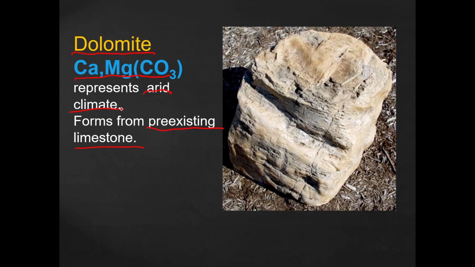Arid climate because when it's really drying up and the water evaporates, the calcium from the pre-existing calcium carbonate sediment will have to get out to make gypsum because it's arid climate, and therefore magnesium will have to build into the calcium carbonate, so it becomes dolomite.